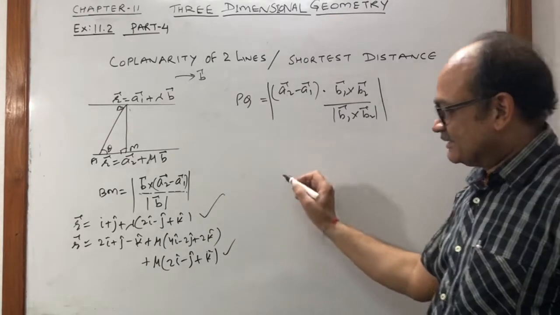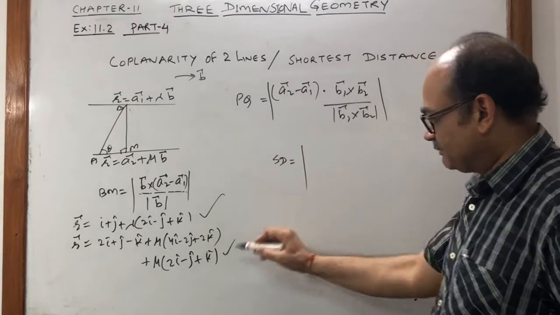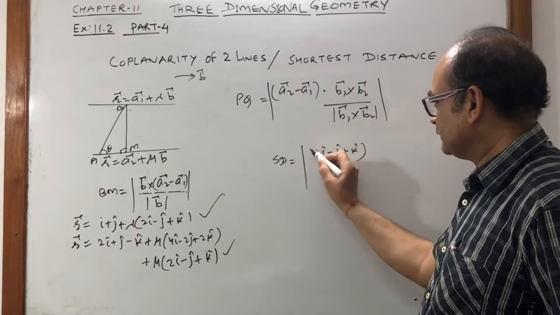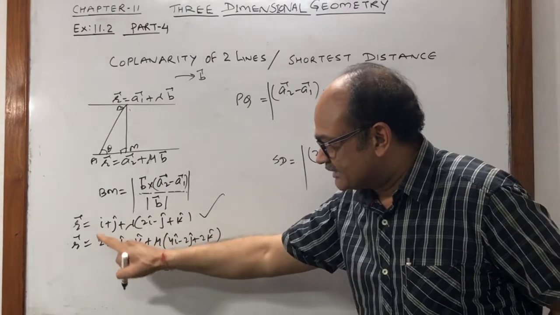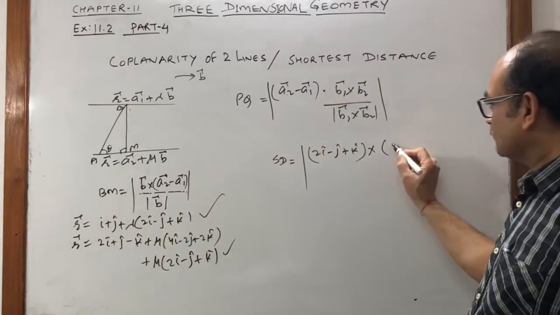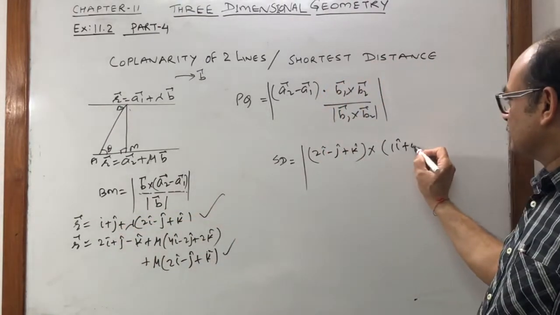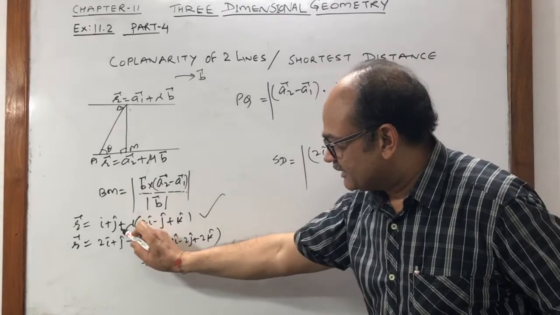So distance is SD equals to B, 2i minus j plus k, cross product A2 minus A1. What is A2 minus A1? 2 minus 1, 1i. J minus j, 0. And there is no value of k. Yes, k. Minus k and 0.